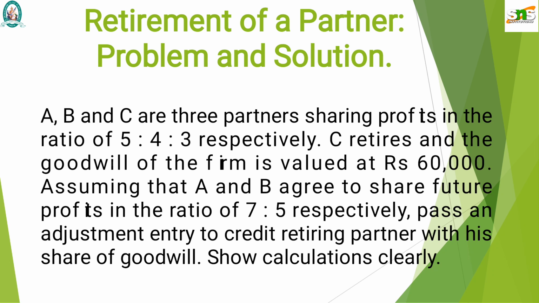So for gaining, the compensation is to be made to the retiring partner by the continuing partners as goodwill. In the gaining ratio the remaining partners have to settle the amount of goodwill to the retiring partner.